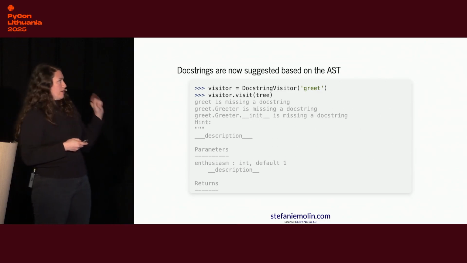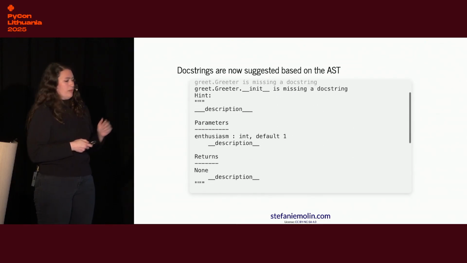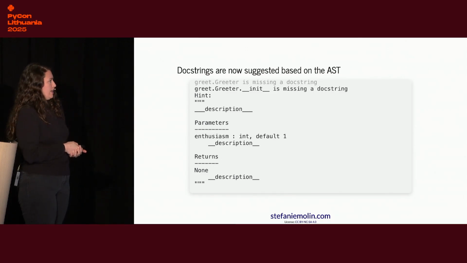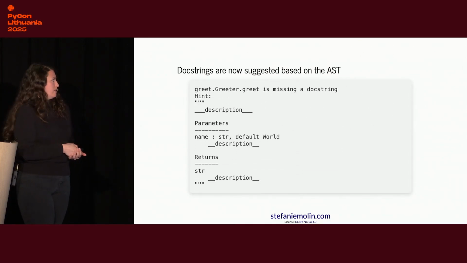So here, if we call our visitor on the AST once more, we now see for the init method that we have a suggestion of a docstring, right? It has extracted all of this, so it has the enthusiasm parameter that it's type int and default 1. We also have for the greet method, we can see that it has the parameter name, type string, default world, and that it returns a string.